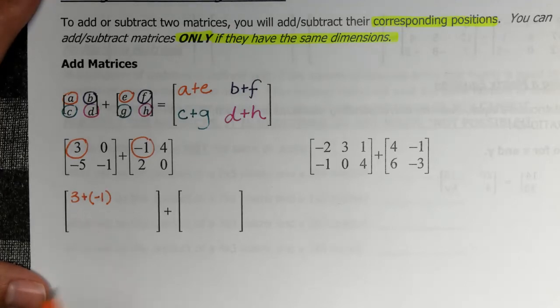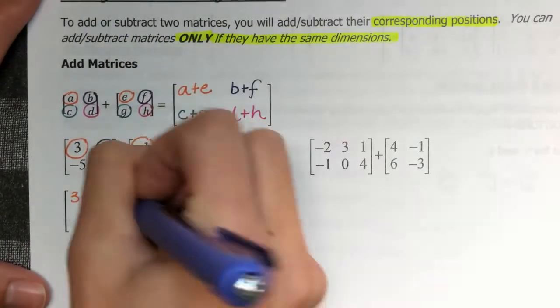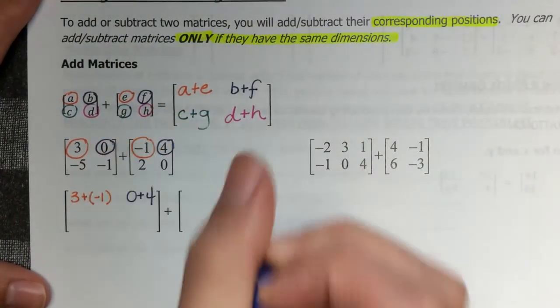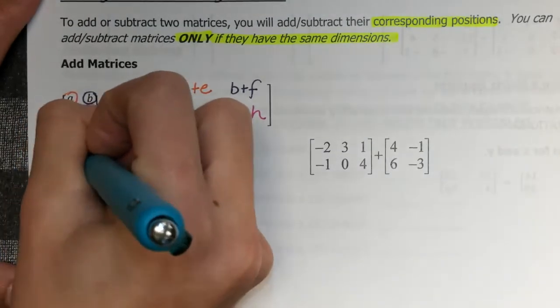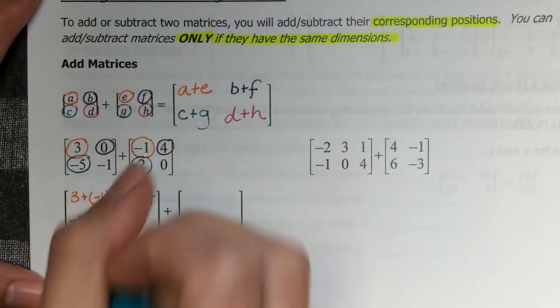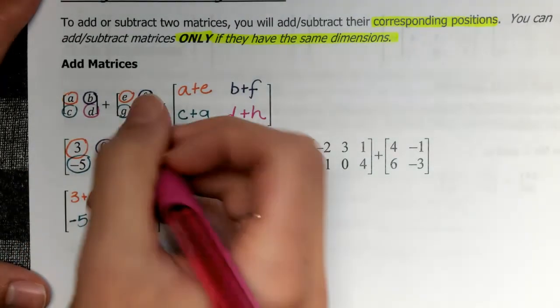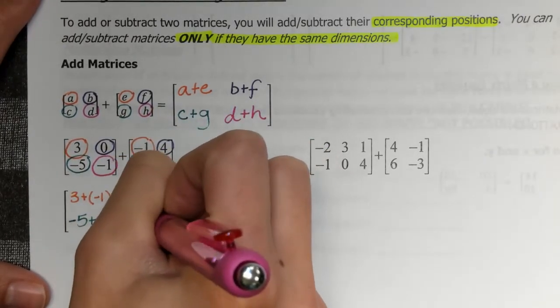So we're adding 3 and -1. And then I'm going to take 0 and 4 and add that together. -5 and 2 and add that together. And then -1 and 0 will be added together.